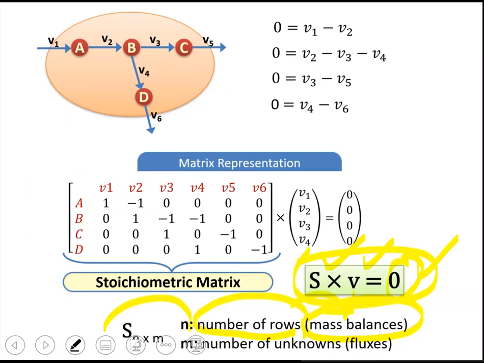So n is related to the number of intracellular metabolites. And m is the number of columns. And columns represent reactions, right? Reaction rates. So m is the number of unknowns or number of fluxes.